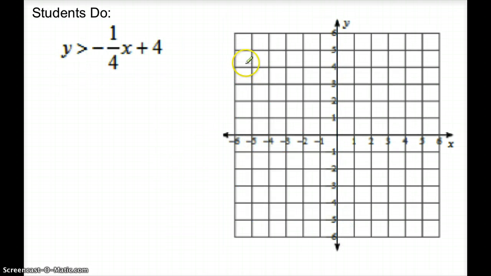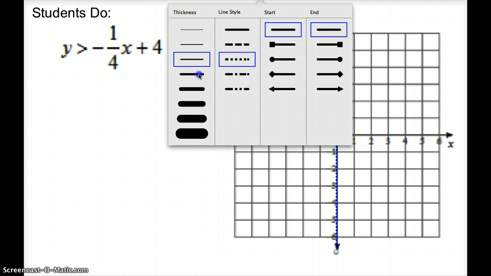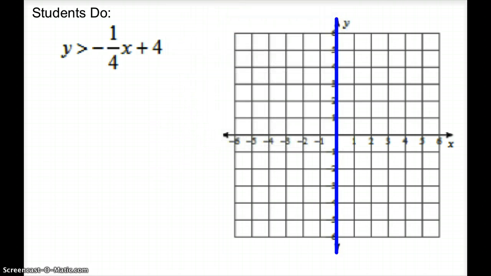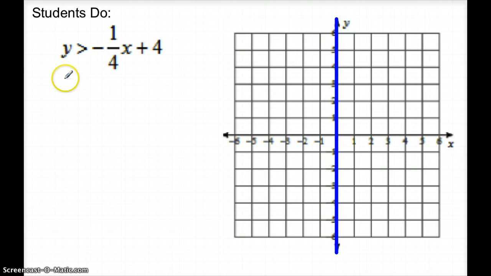Okay, students do the same thing. The starting point of our line should be on this y-axis. Let's clarify this line a little bit. Solid. Okay, so let's rewrite this as y greater than negative 1/4 x plus 4.